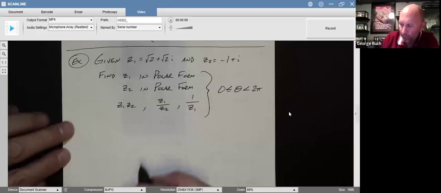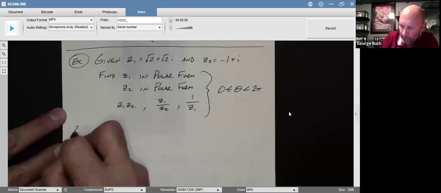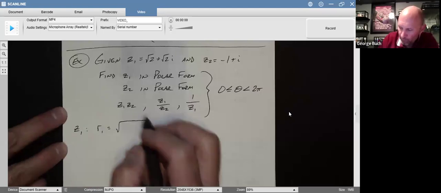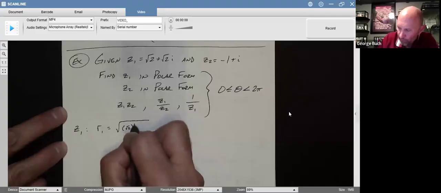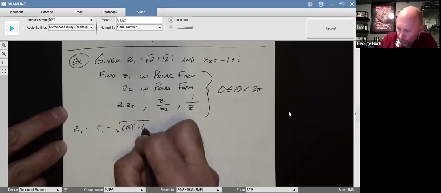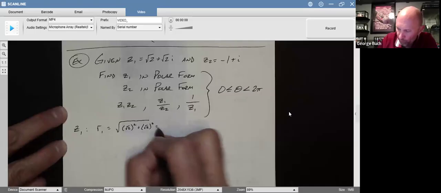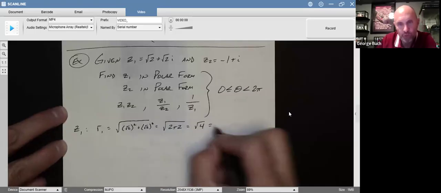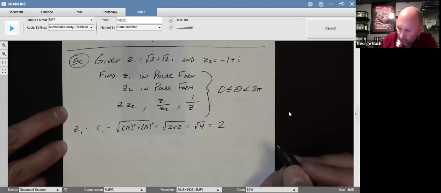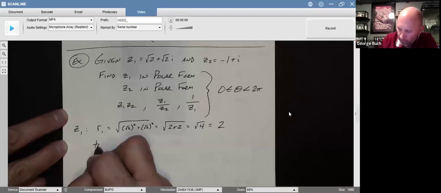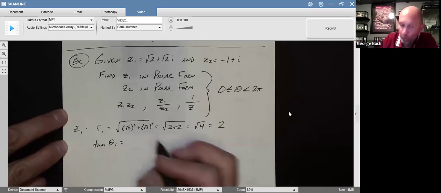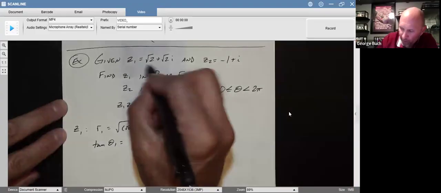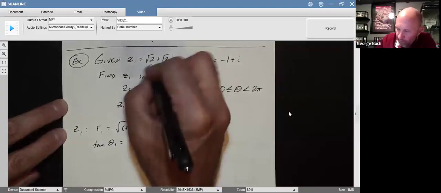All right, so first, Z1. I need my R1, which is the square root of root 2 squared plus root 2 squared, which is the square root of 2 plus 2, which is the square root of 4, which is 2. Then tangent of theta 1. Oh, so I should do the quadrants, right? So Z1, positive, positive, so that's quadrant 1.